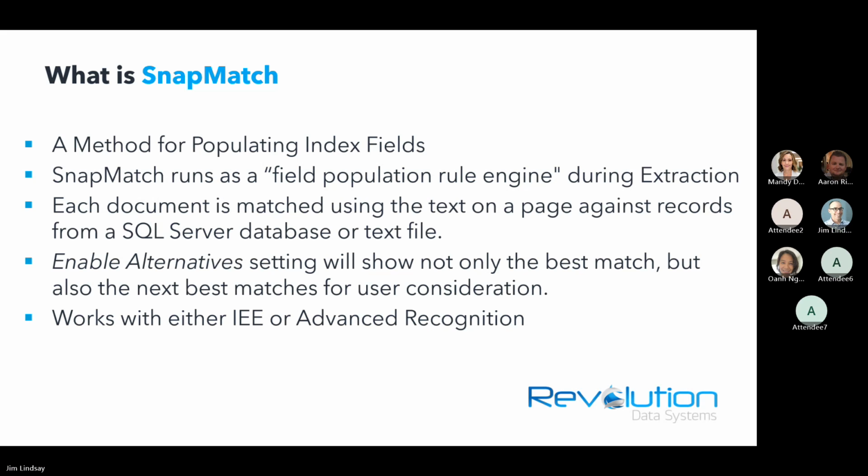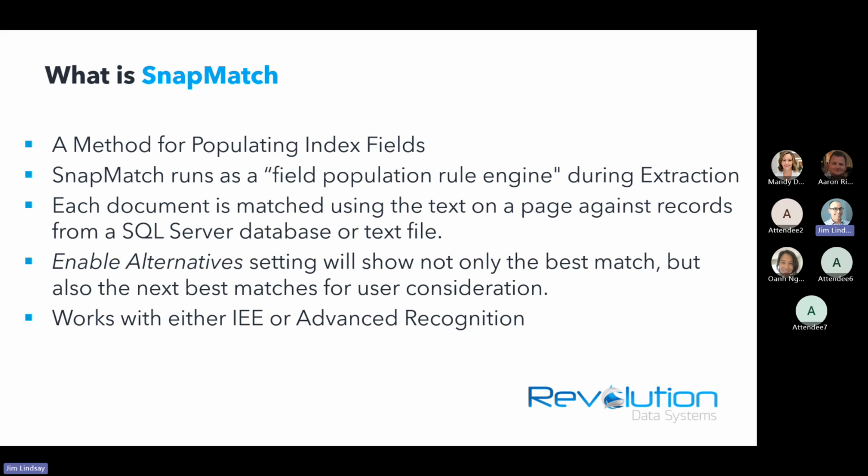So this means a user could simply select the correct address or correct data from an address table or a drop-down list, if you will. And we'll get a visual of that in the demo coming up. And then finally, SnapMatch can be configured in either IEE, the information extraction engine, or in advanced recognition.